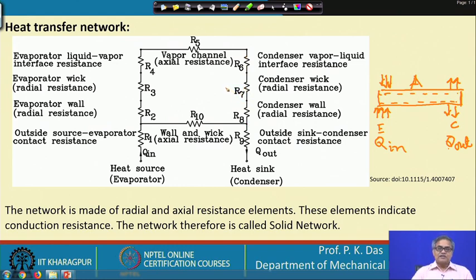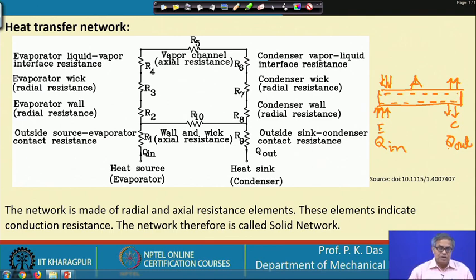Through these resistances, heat will come to the condenser section. So, that is what we will get. The network is made of radial and axial resistance elements. These elements indicate conduction resistances. The network is therefore called a solid network.